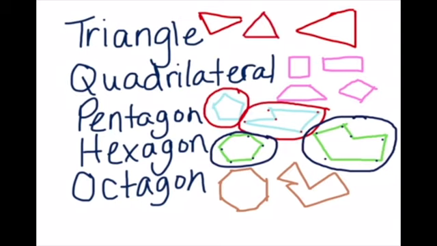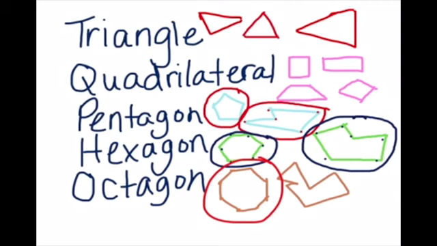Then we have octagon. I did the same thing. This is our standard octagon, where I would notice this with a stop sign because it looks like a stop sign. It's the same exact shape, so it's an octagon. How many sides do you think an octagon has? 1, 2, 3, 4, 5, 6, 7, 8.